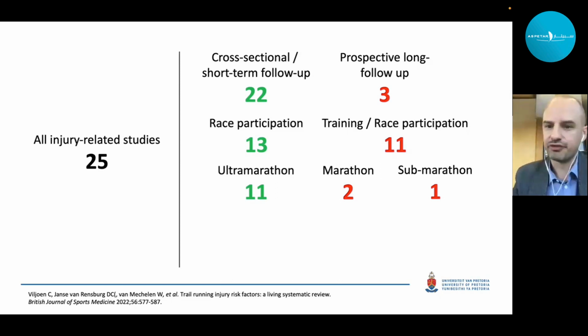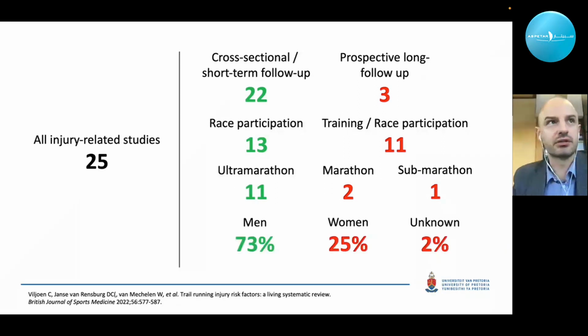And in the literature, we have very, very little scientific evidence to guide us here. Then the literature mostly focuses on men. And again, we need to think, what unique risk can women bring into this area of risk factors and injury in trail? But this is what we know. And for the rest of the presentation, I want us to see the findings in the context of this.